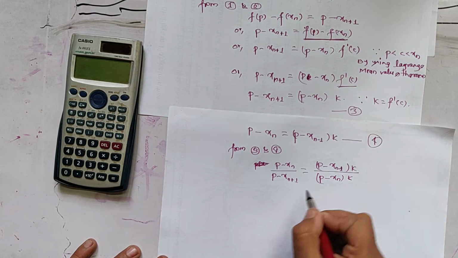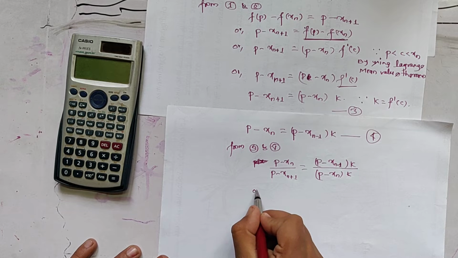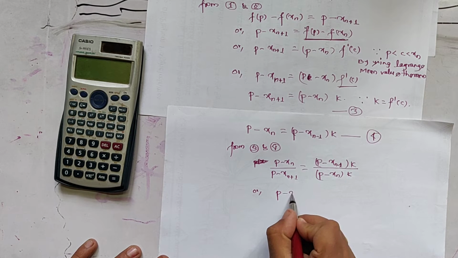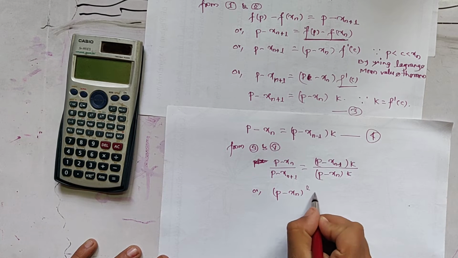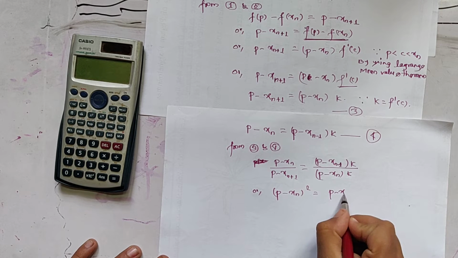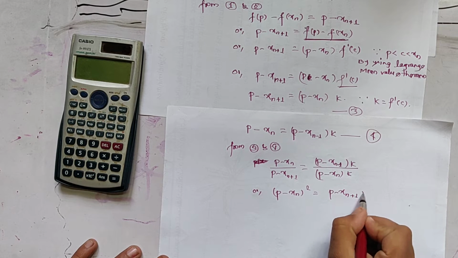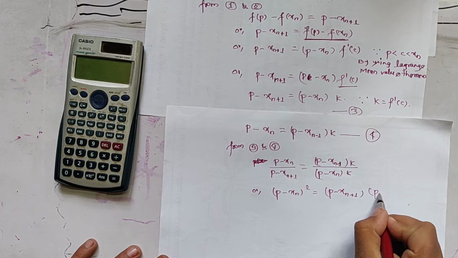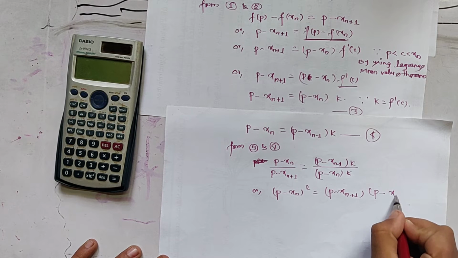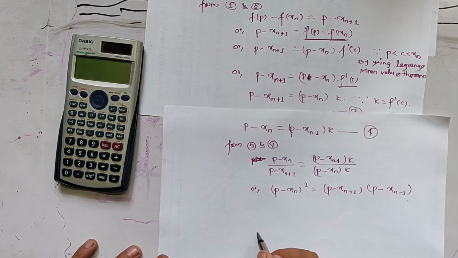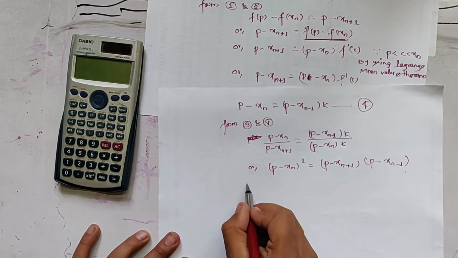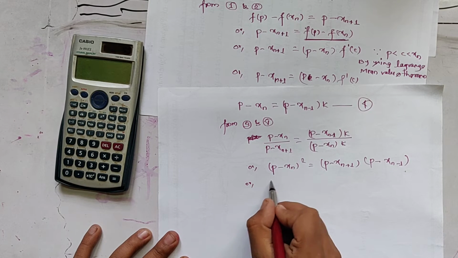So we cancel the k and we get p minus xn whole square equals p minus xn plus 1 into p minus xn minus 1, and we open the braces.